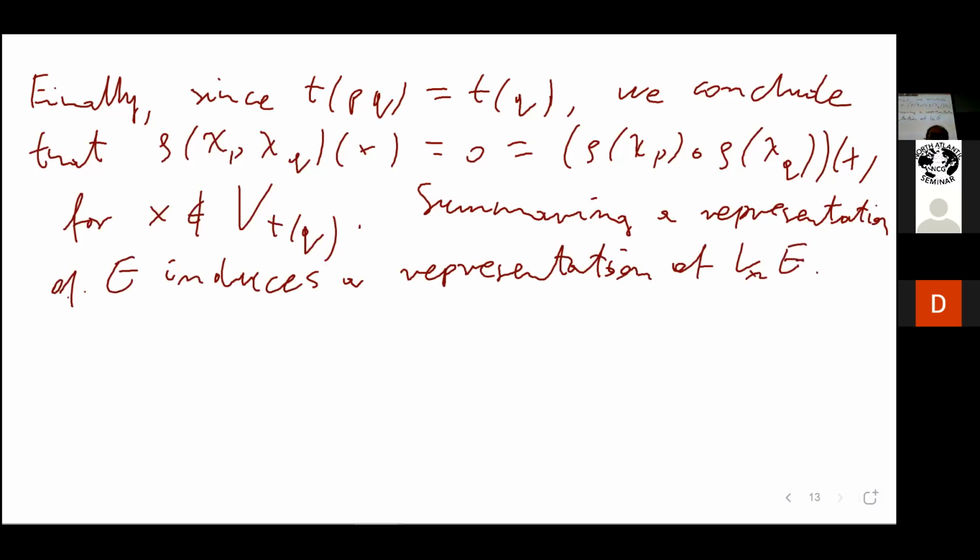And this is very helpful because this representation of a graph is something very tangible. This is something very constructible. And when you want to classify representations, well, then it's a little bit easier task.